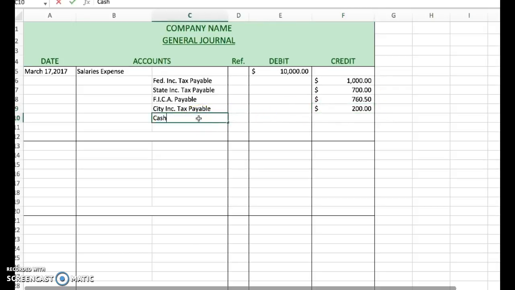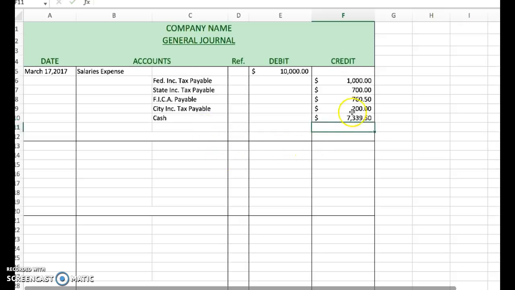So then we have finally cash. This indicates to us we will credit cash, which means we will lower the amount of cash that we have in order to pay the employees their net pay. And in this case, it's $7,339.50.